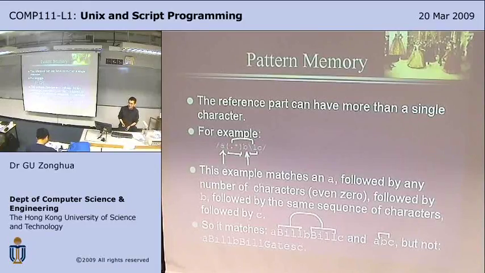You can have zero characters in the parentheses, which means an empty string. Then you must have an empty string between B and C also. But not this one, because Bill is different from Bill Gates. So the thing between A and B is different from the thing between B and C.